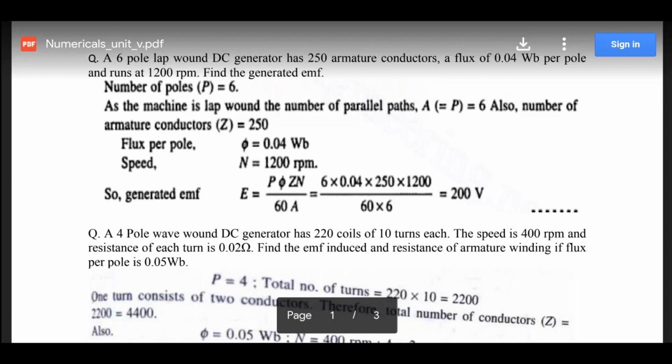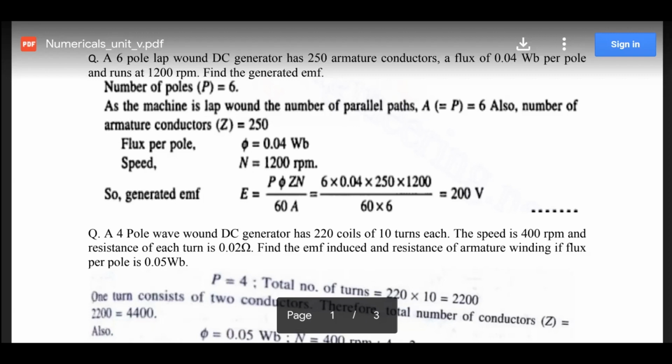As in the previous units' numericals, same is the case here. We have to be cautious enough from the units point of view. For example, here the speed of this generator is given as 1200 rpm. Good enough.